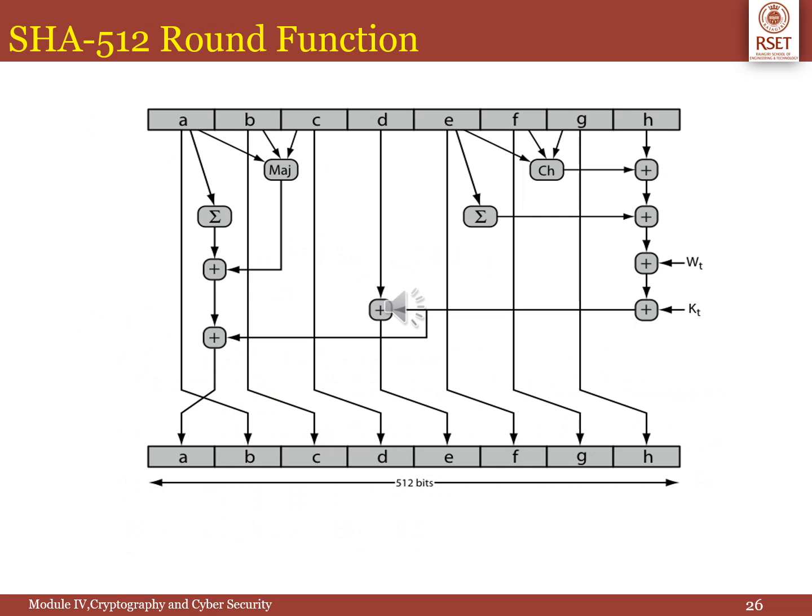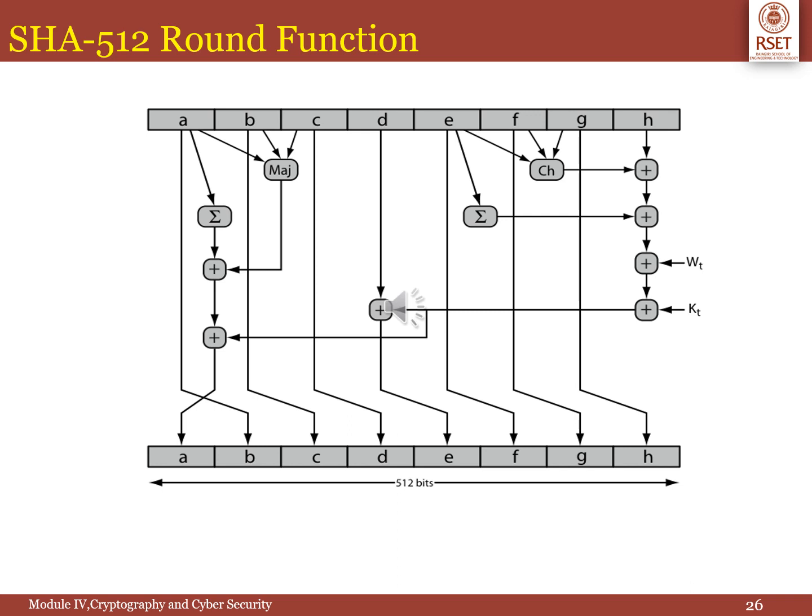This figure depicts how the 512 bits of the hash value that is supplied to the registers A, B, C, D up to H is processed as it passes from round 1 to round 2, and from round 2 to round 3, till it moves on to round 79.